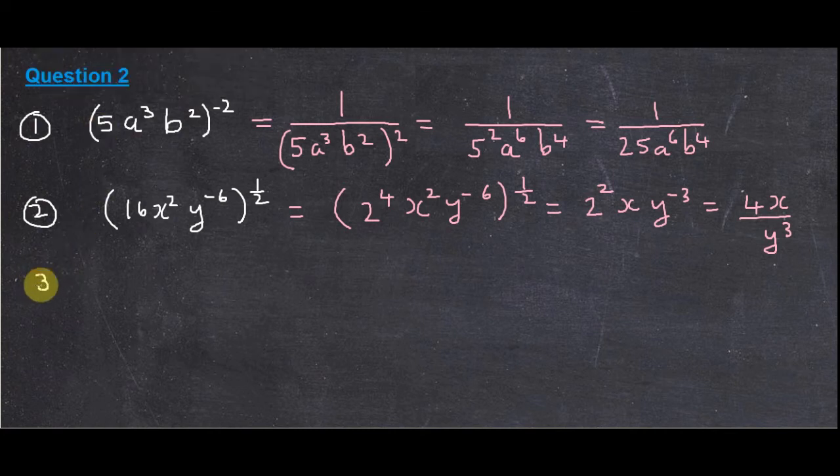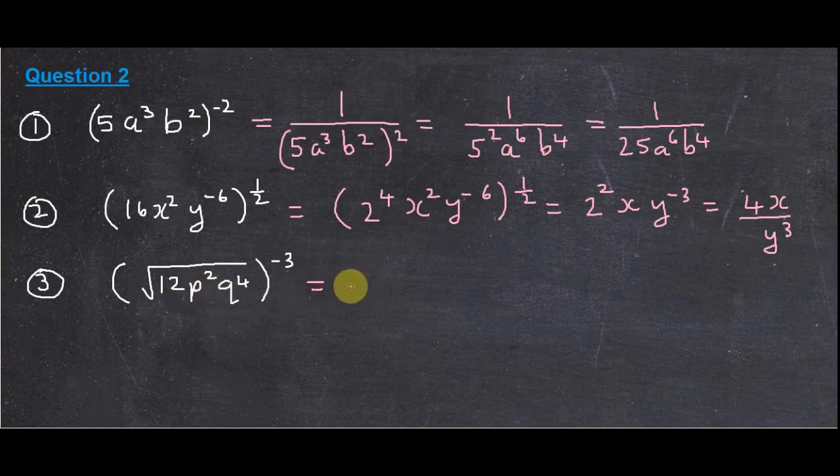Let's look at the third one. We can first find prime factors of 12, and we can see that it's 3 times 2 squared when we work it out.